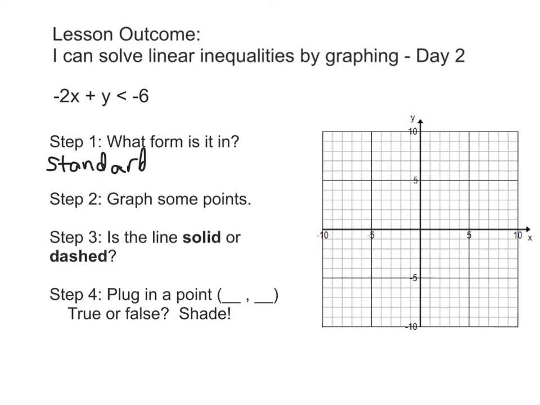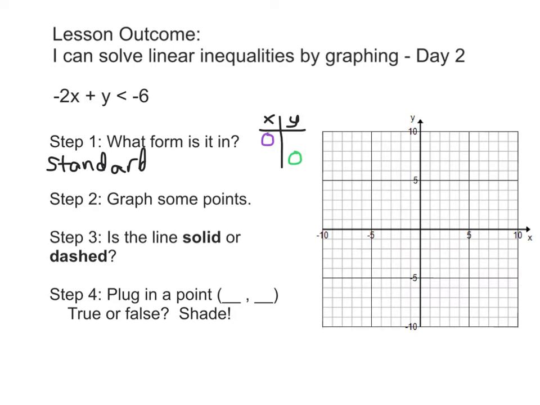So we are going to, in standard form, typically use our teeny tiny table of values, and we only need 2. And we use our x and y intercepts. So we're going to find our y-intercept by putting a 0 in for x, and we're going to put a 0 in for y to find our x-intercept.